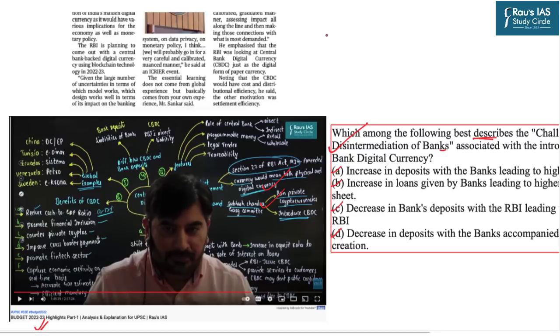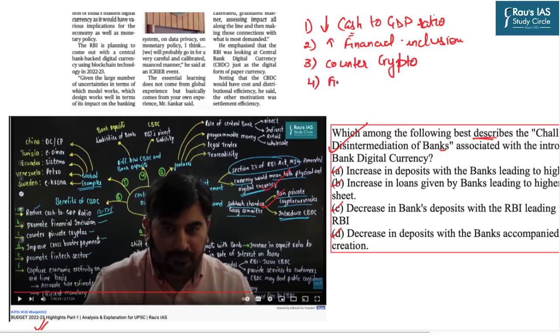So there are a number of reasons why the government has come forward to introduce the government backed digital currency. The first benefit associated with the CBDC, that is central bank digital currency, is that it will reduce the cash to GDP ratio. Second, it is expected that it will increase financial inclusion. Third, it is one of the important mechanisms which is expected to counter the increase in the unregulated cryptocurrency market.